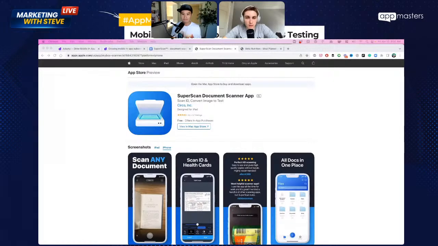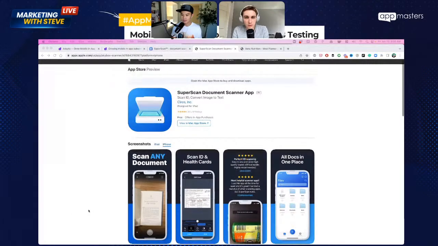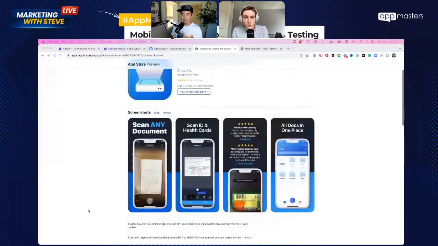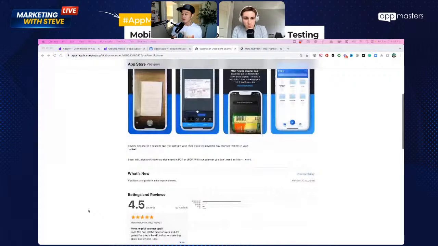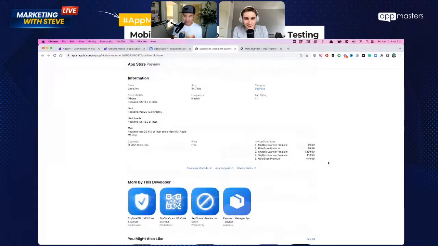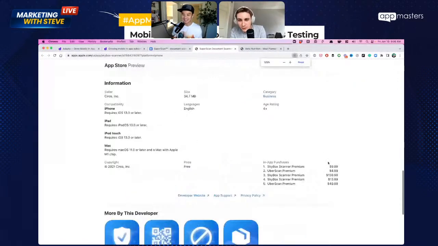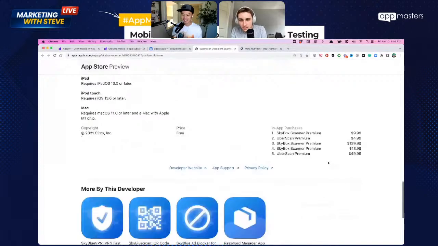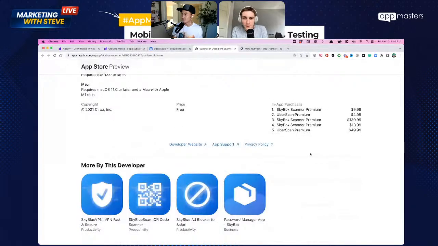Well, for now it looks fine. I mean, it's clear what the app does. Can you scroll down? Sure. The interesting thing is which subscriptions he has here. Probably he has either multi-tier subscriptions, or he's doing some experimenting, because we see $9.99 and $13.99 for the same subscription tier.